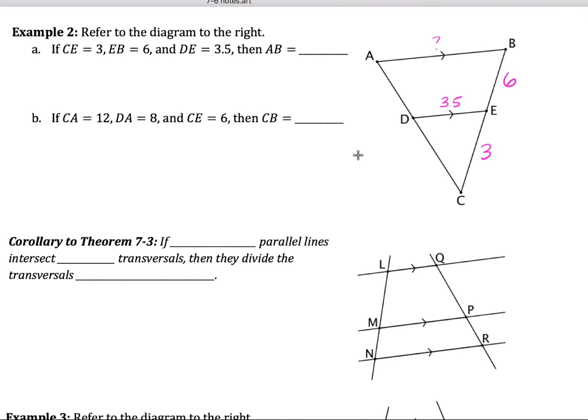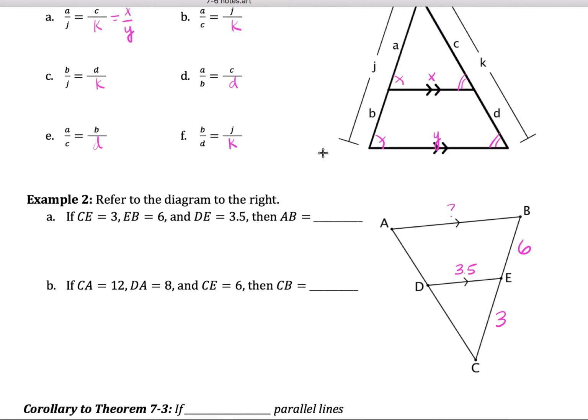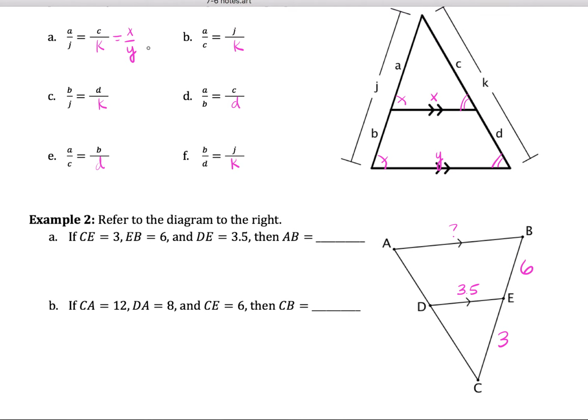And so you can see this is that proportion that I kind of extended right up here in part A of example 2, where we put X and Y on the third side of the small triangle and the big triangle.